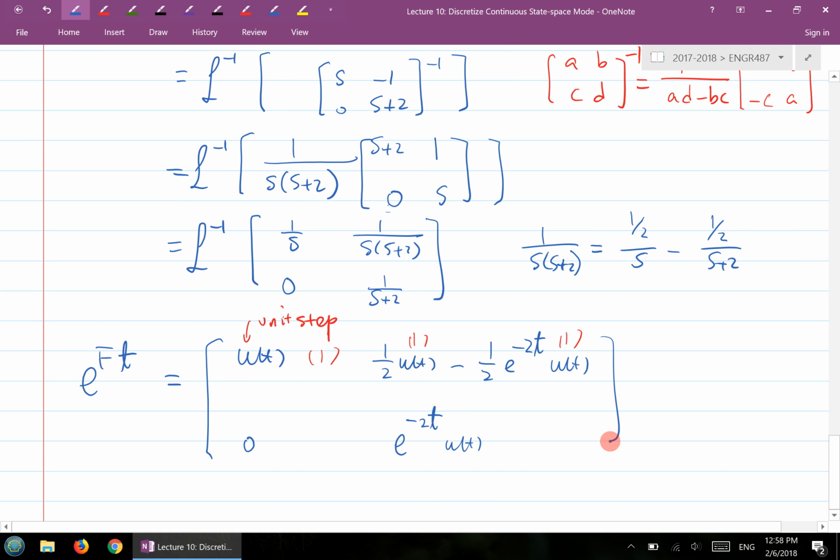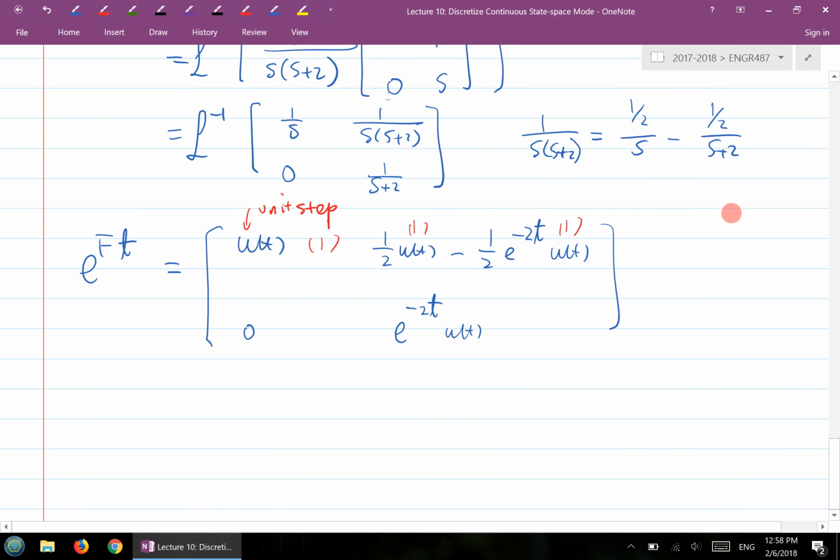That's basically your e to the power of f t, right? Then for my discretized system, the A matrix, we replace the small t with capital T. Here, you don't have to replace the small t with capital T for the unit step, but that's basically 1, right?